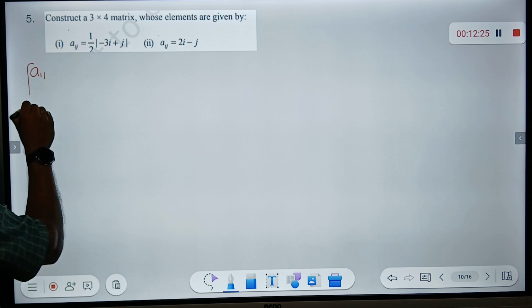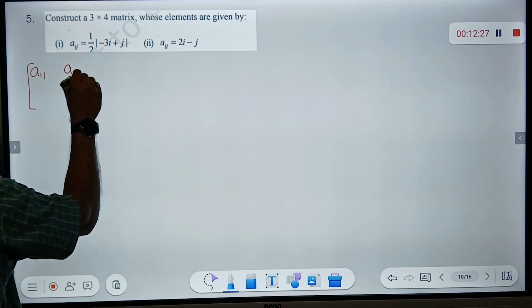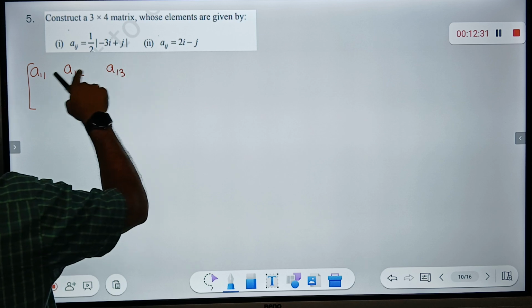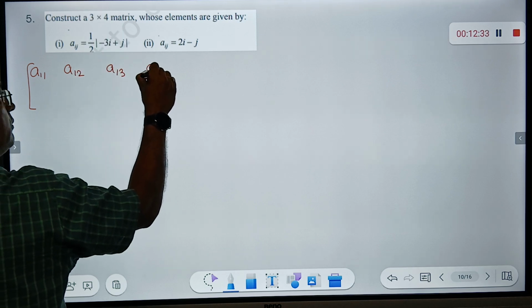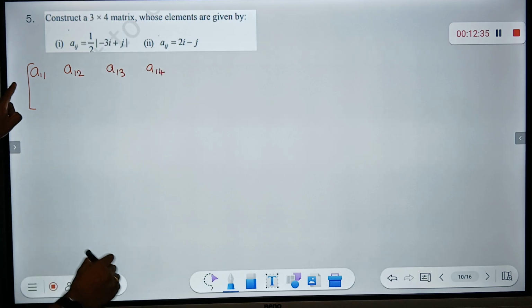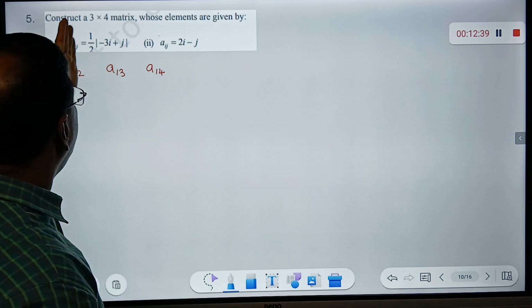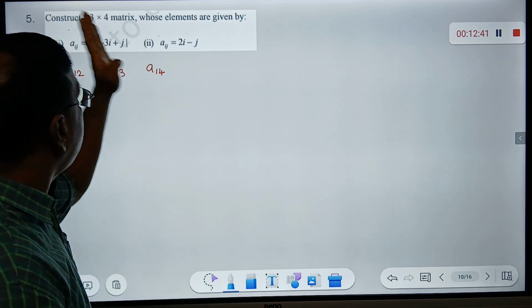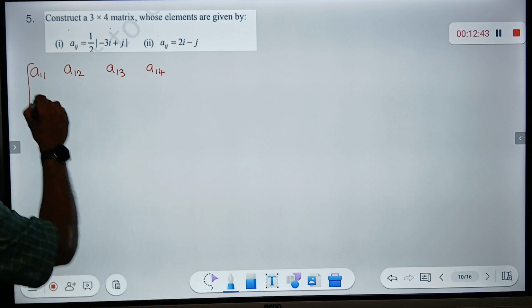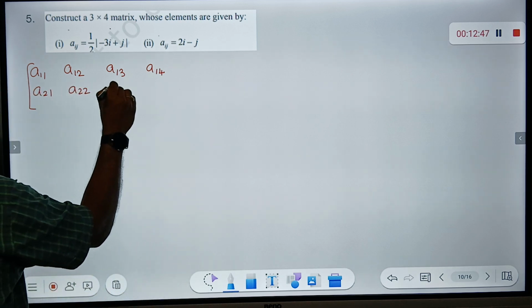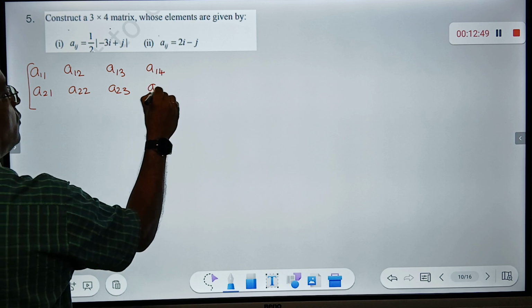A11, then A12, A13. It has only 3 rows. But it has 4 columns. So I will go to A14. First row first column, first row second column, first row third column, first row fourth column. I have to stop there. Then A21, A22, A23, A24.